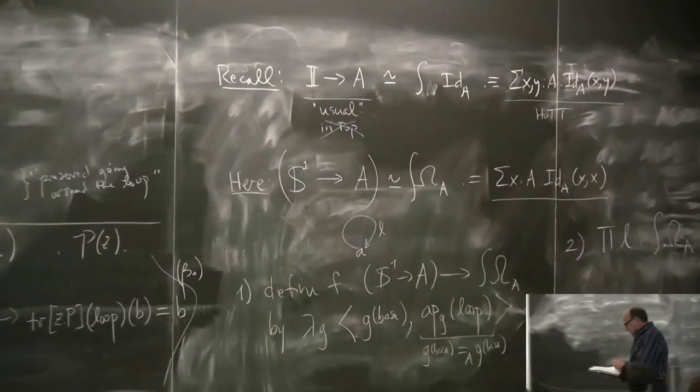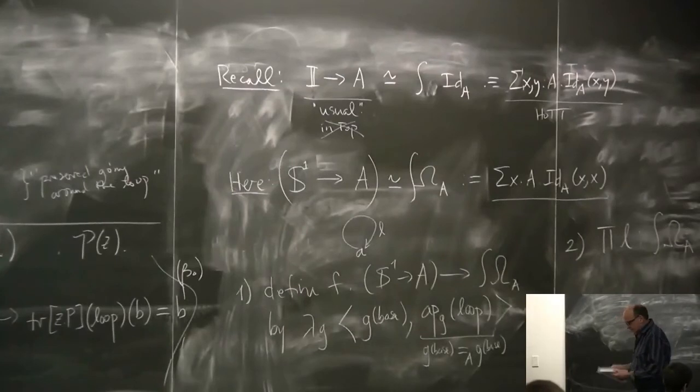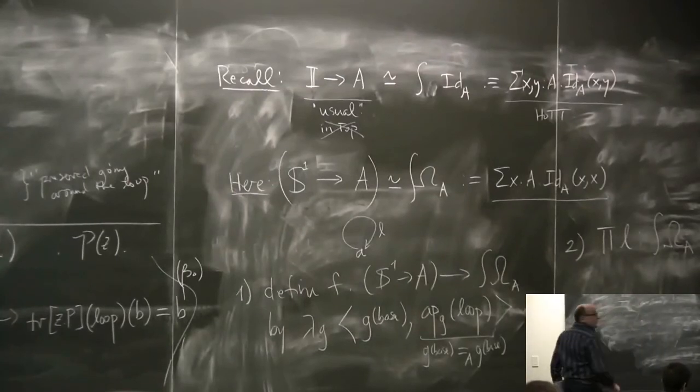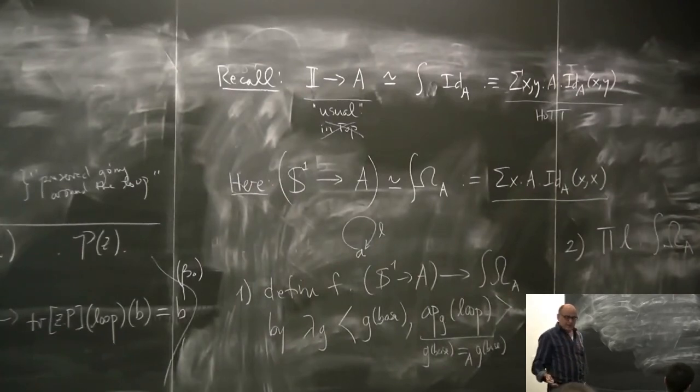Okay, so I'm going to skip some things, and let me now talk about what is called suspension. One way to motivate it is to say, here's another definition of S1, and then we want to see that those are equivalent.